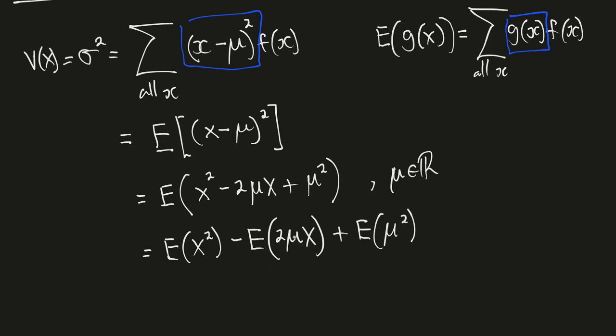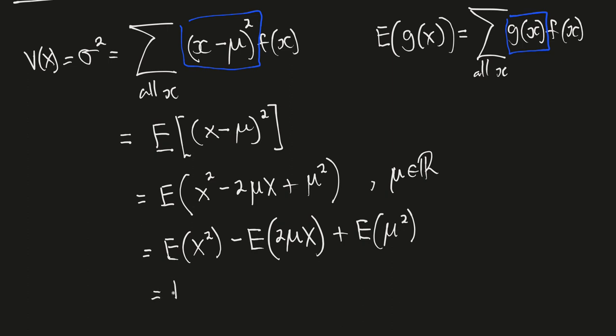Now, because mu is a constant, then 2 mu is a constant, and so is mu squared. So remember what we can do with constants that multiply our variable? We can factor them out. And also the expected value of a constant, well, since the constant never changes, its expected value is exactly mu squared, right?